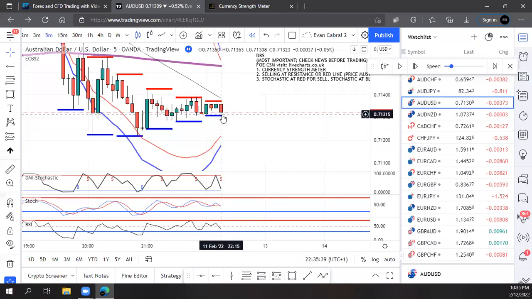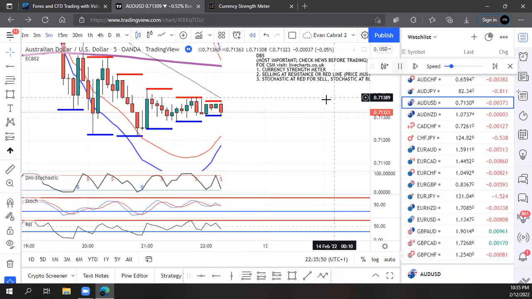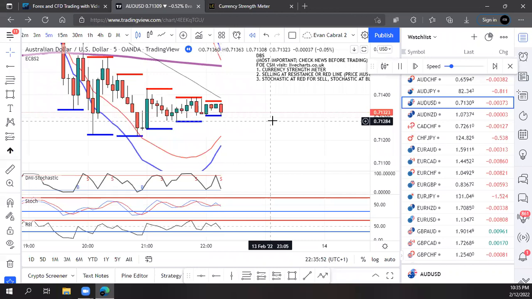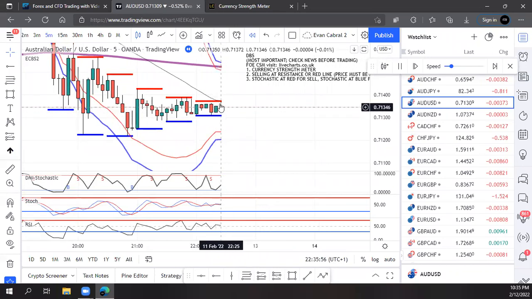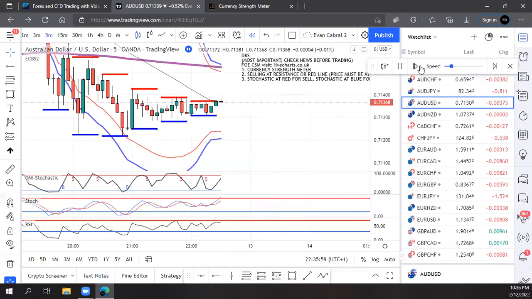This candle was selling. Now, in order for us to sell, we want to see the market move up to a red area, a resistance. So watch what happens. Look, the market started buying. It got to a resistance. Let me actually pause this.